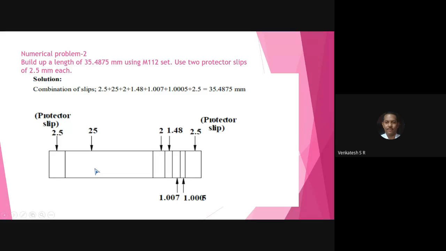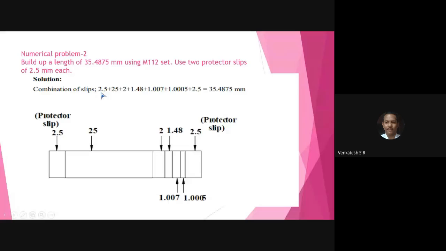For that reason, in this problem they used two protector slip gauges, safety slip gauges, on either side. So in this problem, you directly deduct 2.5 times 2.